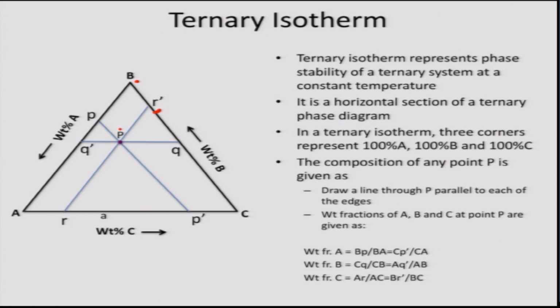There are only 2 independent variables. So, the third concentration need not be evaluated this way, because the third concentration variable would simply be a dependent variable. So, the concentration of C can also be evaluated as 1 minus weight fraction of A minus weight fraction of B. For ease of reading, the sides of the Gibbs triangle are usually divided in equal divisions, so that we can mark the compositions easily.